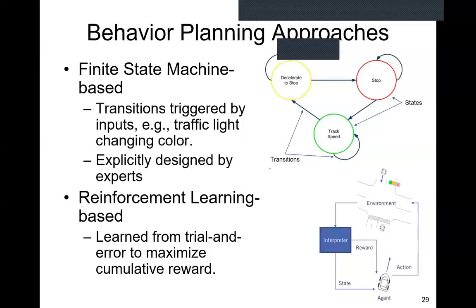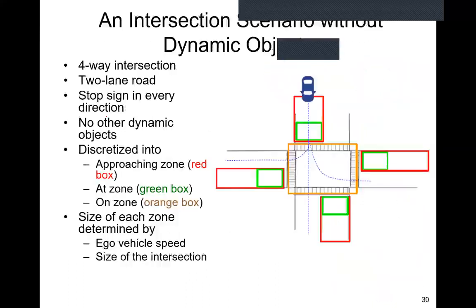Another approach is reinforcement learning based on maximizing cumulative reward. We'll mainly discuss the FSM approach. Let's look at one example of an intersection scenario: four-way intersection, two-lane road, and stop sign in every direction. No other dynamic objects, only this one car.